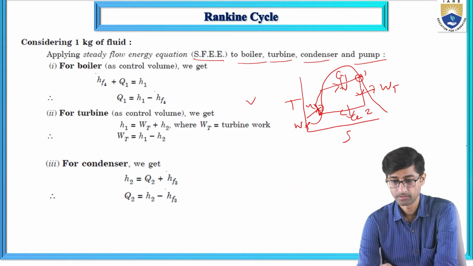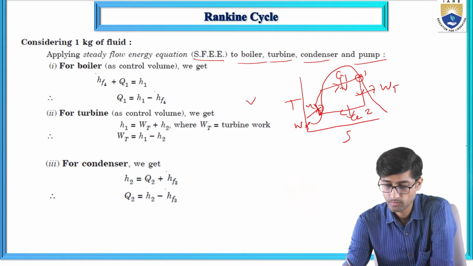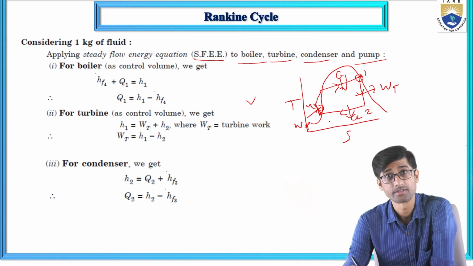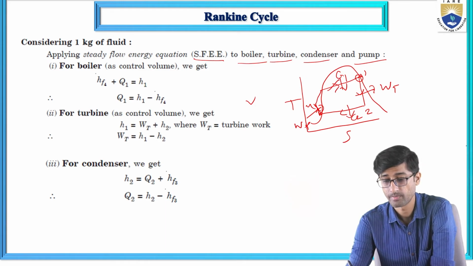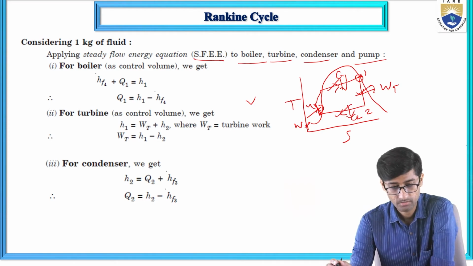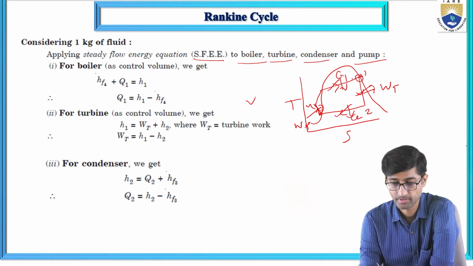Now, 4 to 1 is a boiler, 1 to 2 is turbine, 2 to 3 is a condenser. Now we are applying the steady flow energy balance equation to this boiler, turbine, and condenser. Consider the boiler first. What is the steady flow energy balance equation?